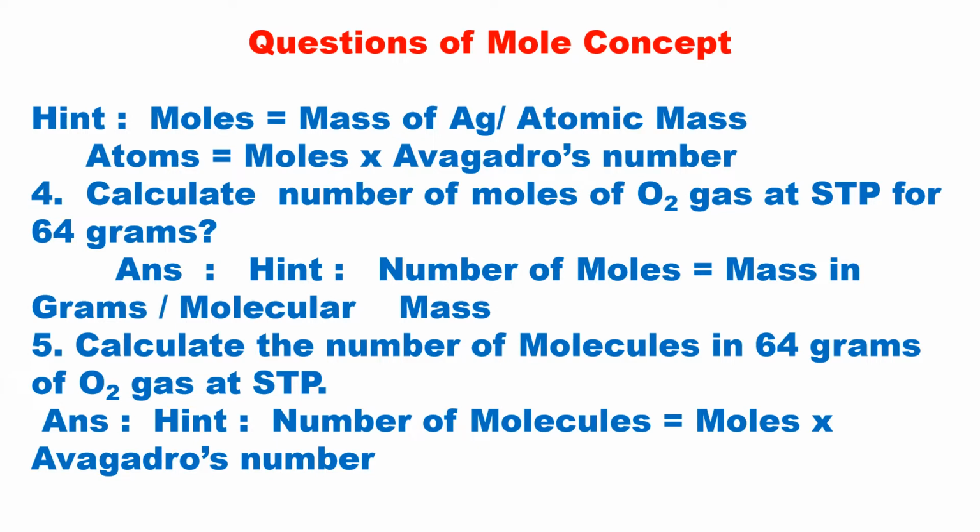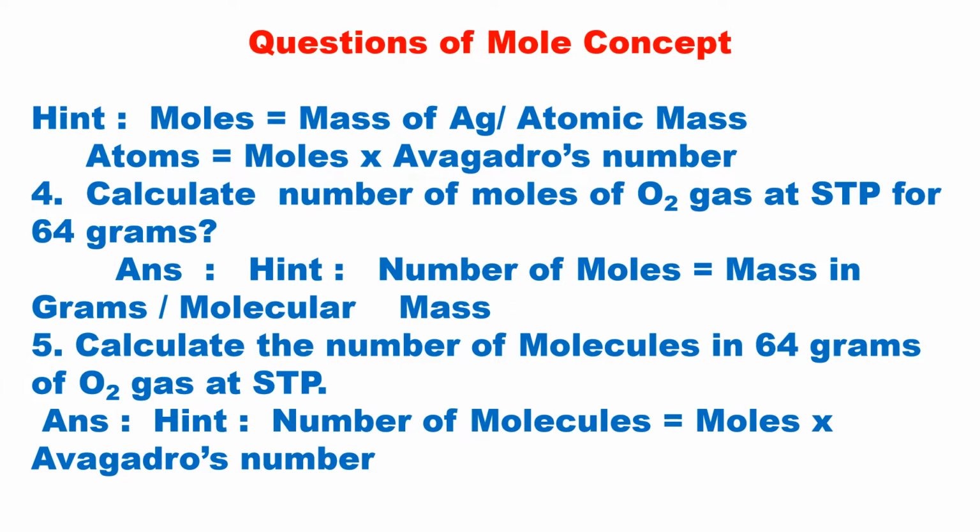So grams upon molecular mass, oxygen is having 32 molecular mass and we are taking 64 grams. In this case the 32 grams contribute 1 mole, so the 64 grams will contribute 2 moles. So in this case we have calculated that 64 grams will contribute 2 moles.